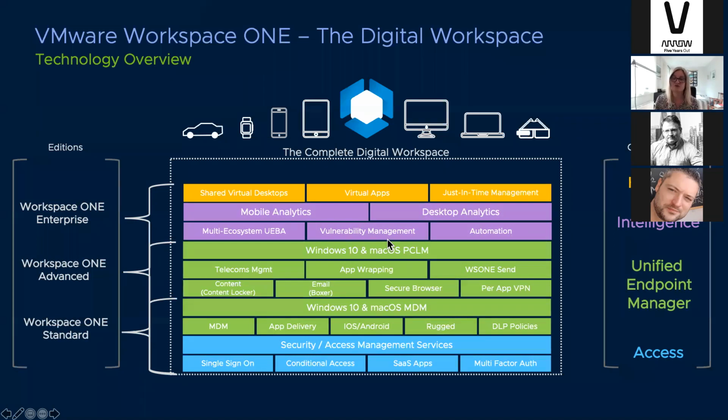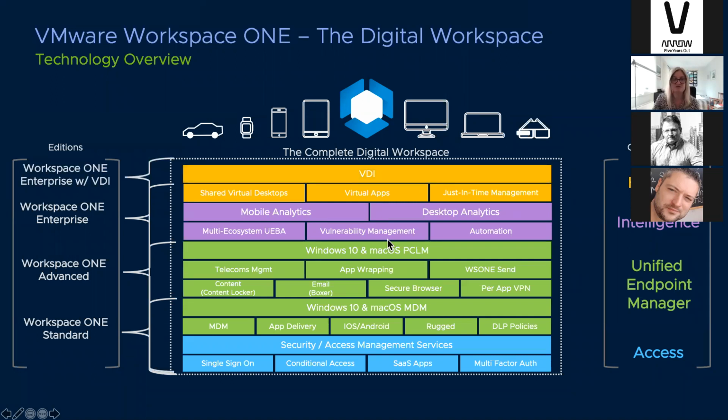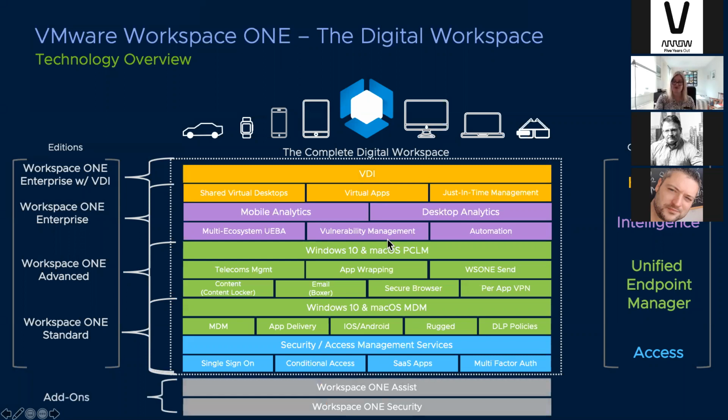And the shared virtual desktops, virtual apps, and just-in-time management come with the Horizon component that we will be covering tomorrow. So today we will be focusing on Windows 10 management or modern management, not only Windows 10, but extending also to Macs and other parts.